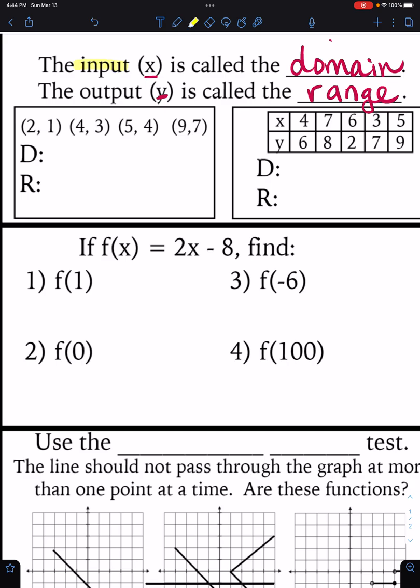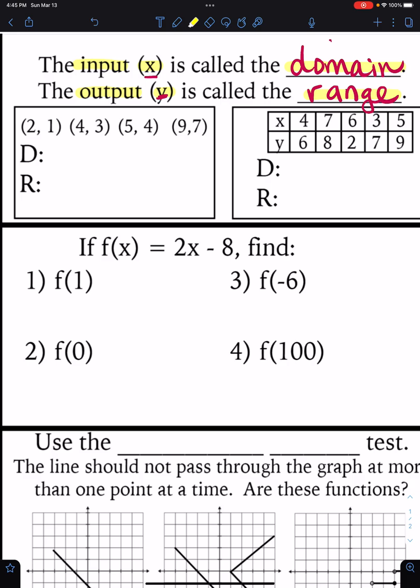Input comes before output alphabetically. X comes before y alphabetically, and domain comes before range alphabetically. That has helped me remember for like 30 years. So if I can remember that just all of those things are alphabetical, maybe it will help you.